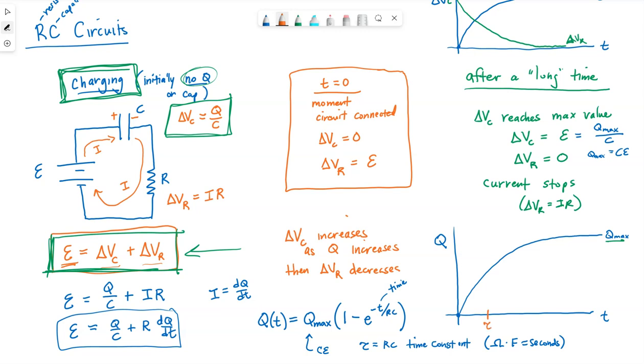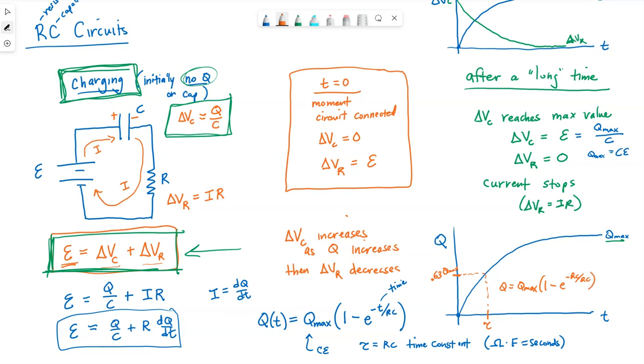After one time constant, the charge is at 63% of its maximum value, if I remember right. All we're doing is putting in Q max times 1 minus e to the negative RC over RC.